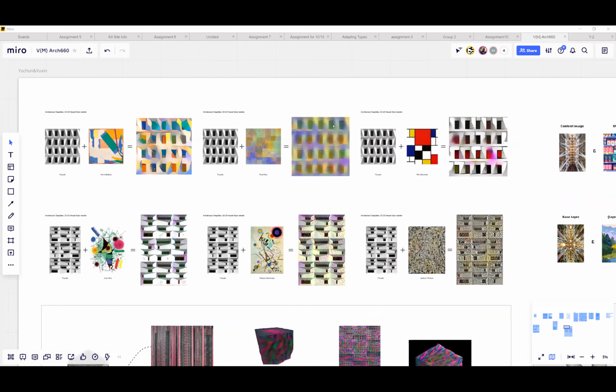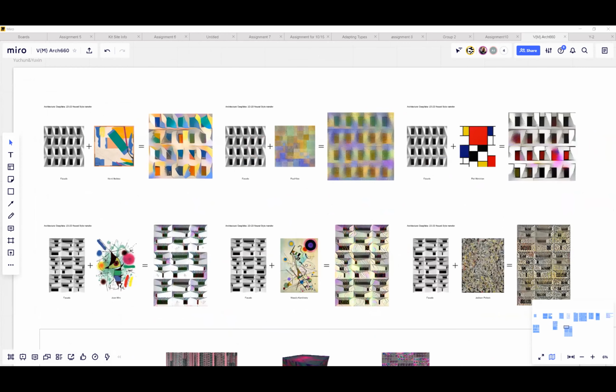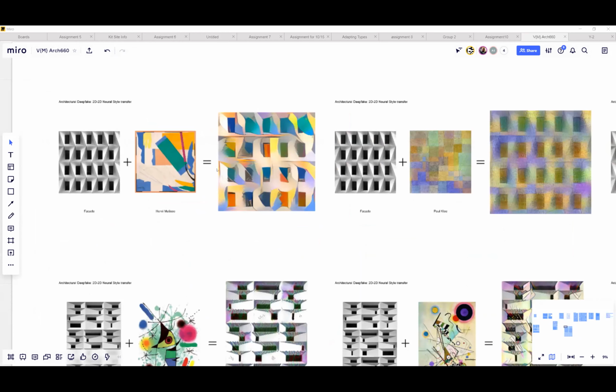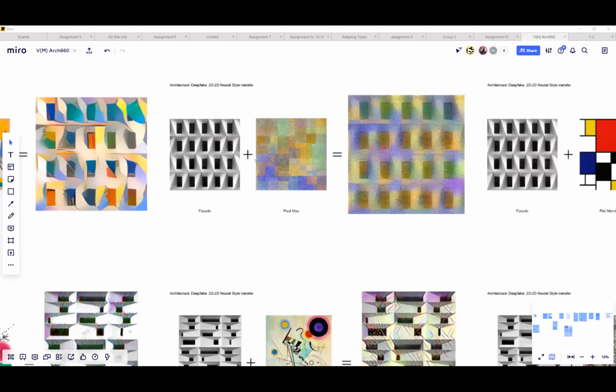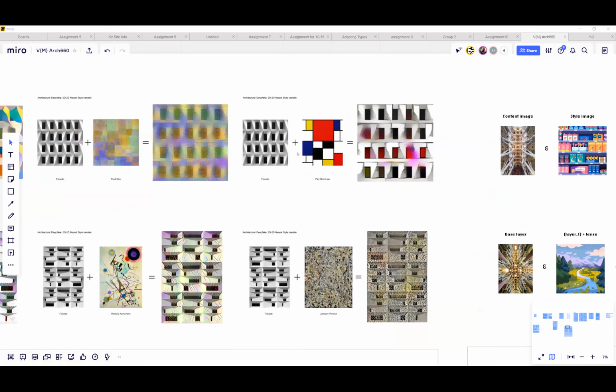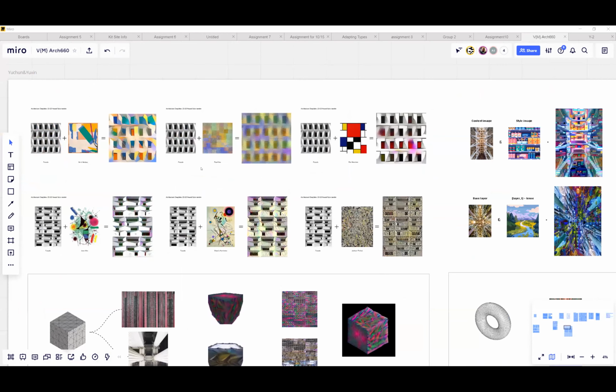And these are all the results. This painting is from Henri Matisse, this is from Paul Klee, and this is Mondrian's painting. They have some different iterations on the wall, and it creates some different images.